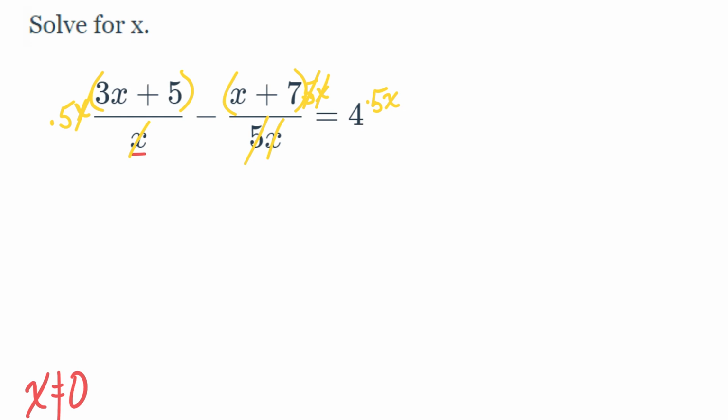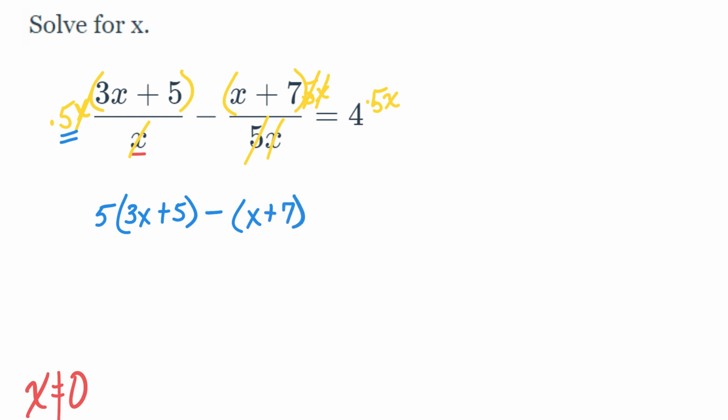I'm going to rewrite this before I go distributing. You are welcome to distribute where they are in place, but from our first set of parentheses, the x is gone, but the 5 was still there because it didn't cancel, so that's going to have to distribute to both of those terms. On the second term, we have a subtraction sign, therefore we're going to keep the parentheses.